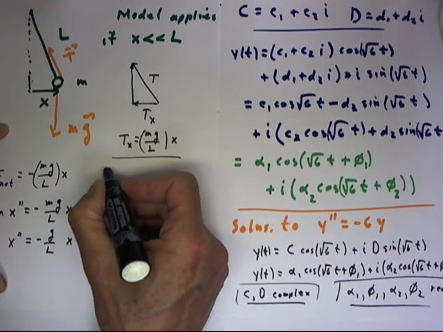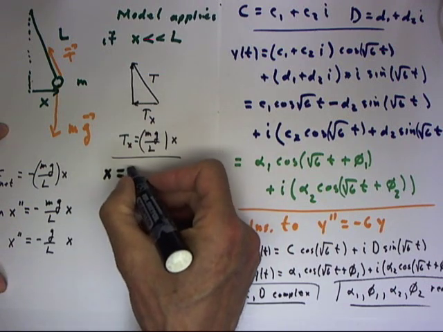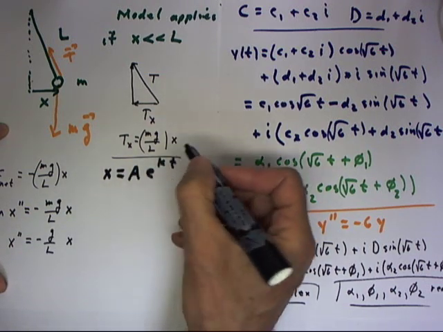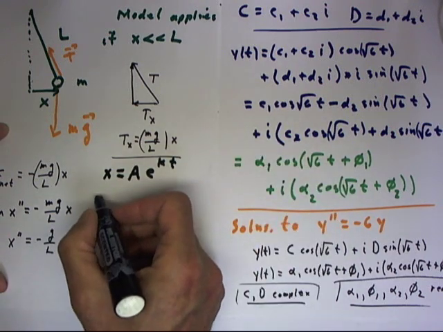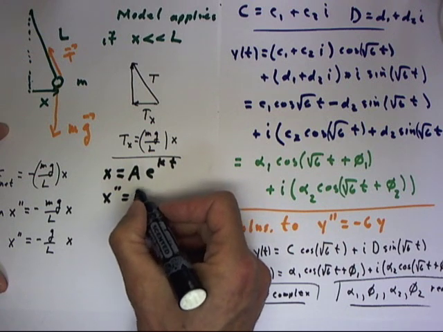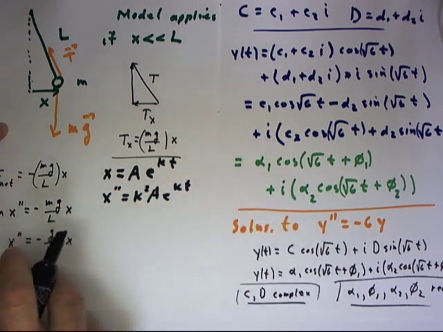We assume a form for x being A e to the kt, so that x double prime equals k squared A e to the kt.